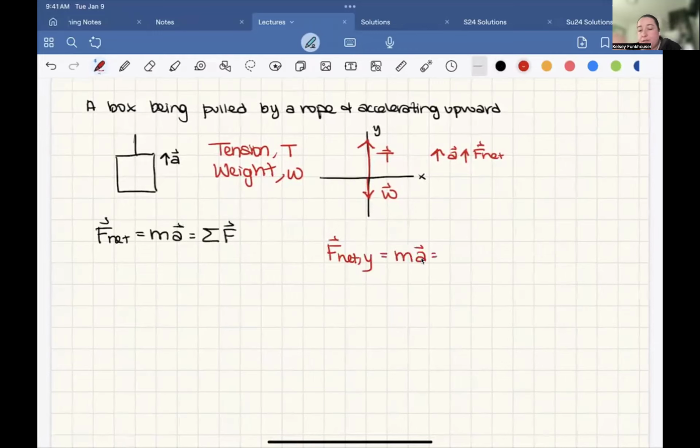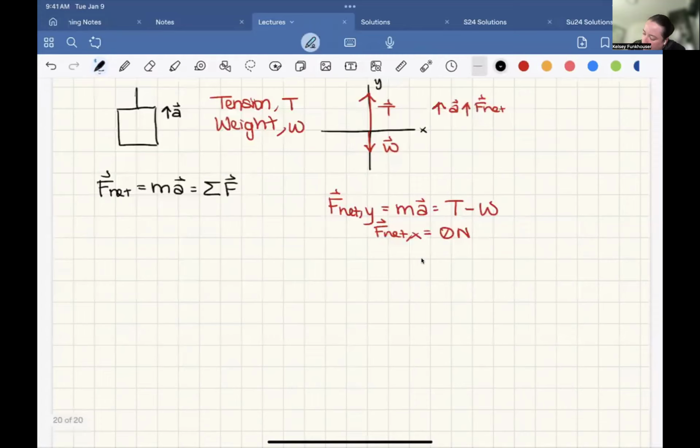And then we just look at our diagram and we see, okay, tension is pointing up, so we write that as positive, and then weight is pointing down, so we put negative and subtract the weight. And then that way, if we knew maybe what the value of the tension was, or maybe the mass of the object, we could solve for acceleration or tension potentially. Oh, and I also forgot, there's no forces in x, so the net force in x is just 0 newtons.